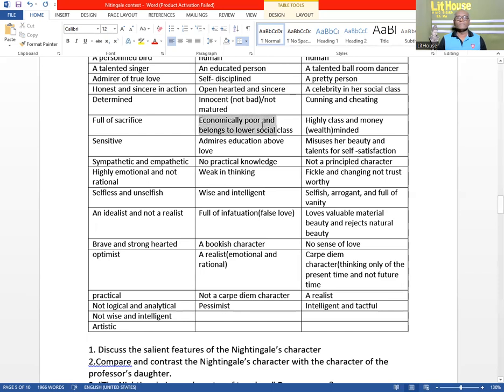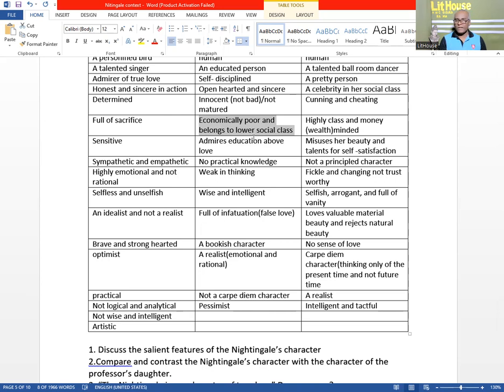Economically poor, belongs to the lower class. This is another quality of this young student. He is not a rich boy. He does not have much money like the Chamberlain's nephew. Chamberlain's nephew, you may remember this person.